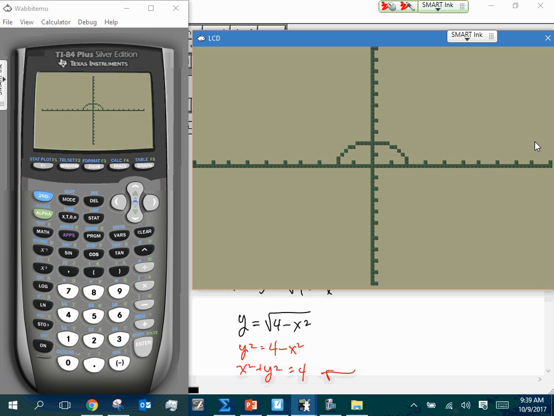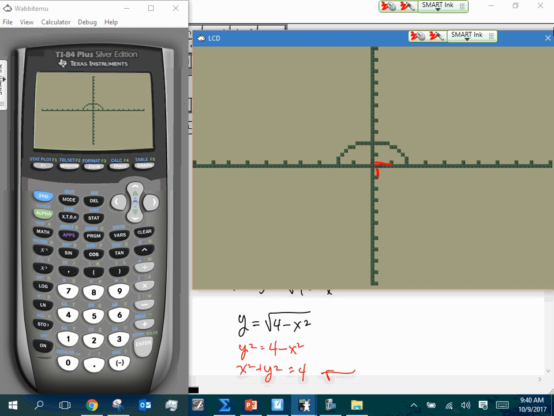That's a rectangle, right? And the view screen is a rectangle. So that's going to distort things. It's not a one-to-one relationship in regards to that distance right there on the y-axis and that distance there on the x-axis. Okay, the y-axis is scrunched a little bit more than what the x-axis is, right?